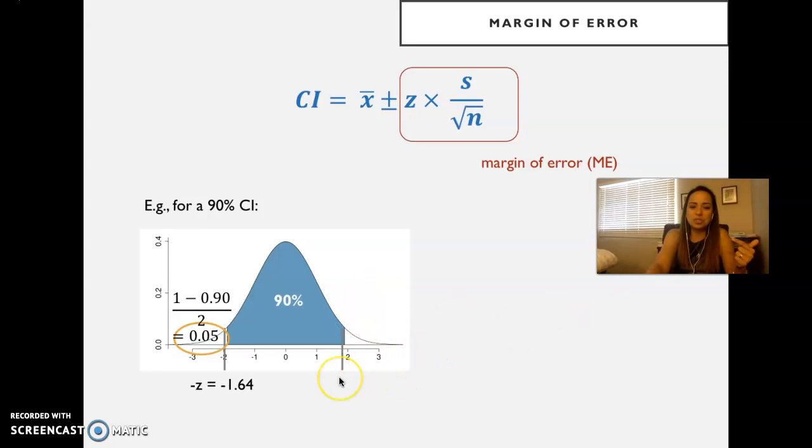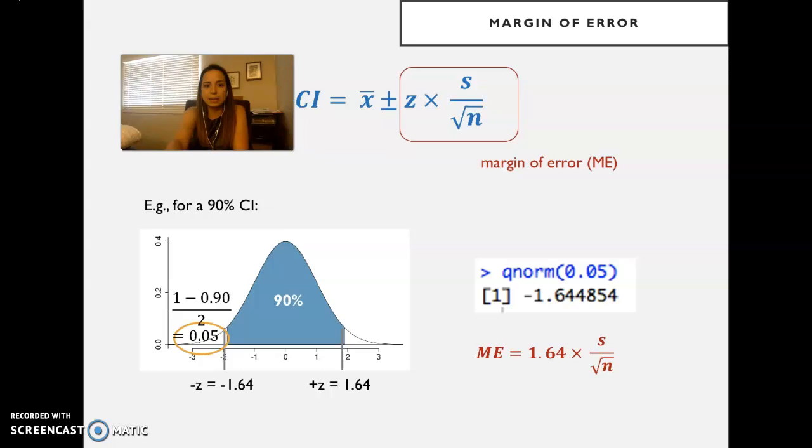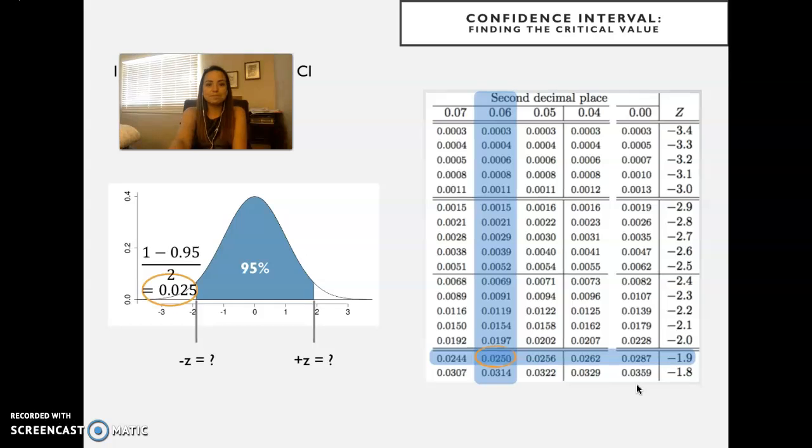So we want to get these values of Z, which I can again get by getting the qnorm of the percentile 0.05, and it's negative 1.64. So those are the boundaries. So the formula will be the mean plus or minus the Z critical, which is the Z that forms the boundary that I want, 1.64, times S, which is the standard deviation, divided by square root of n.